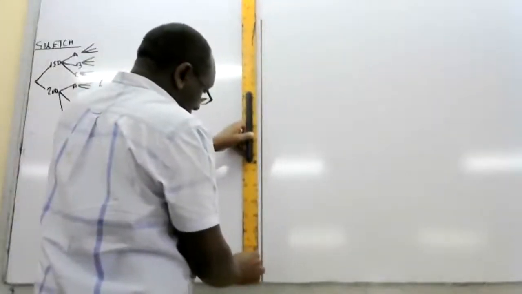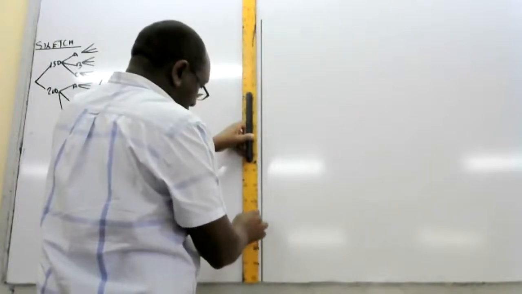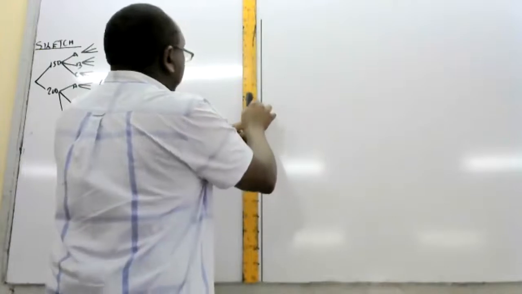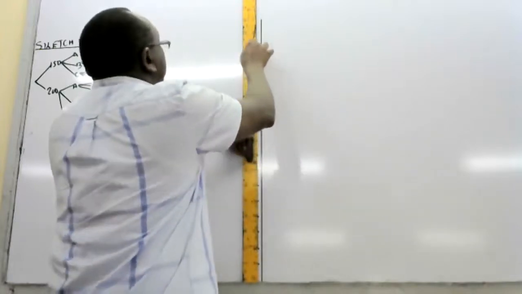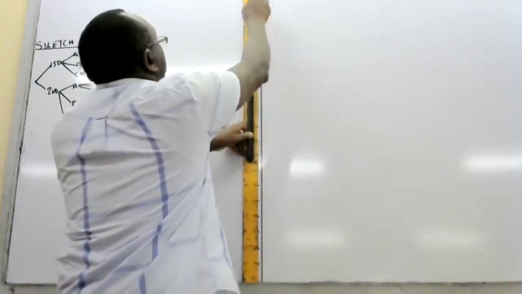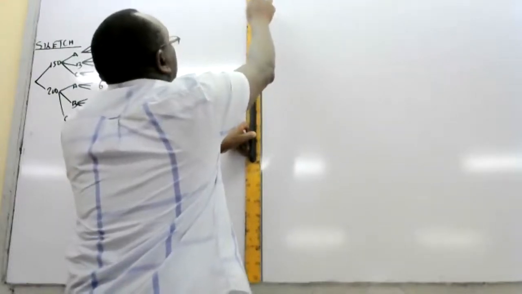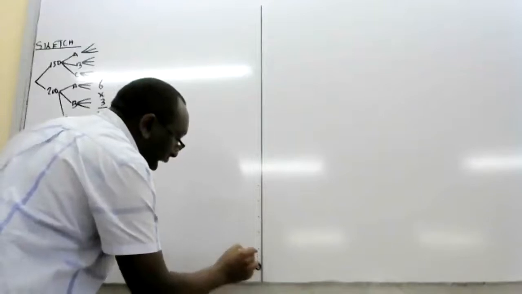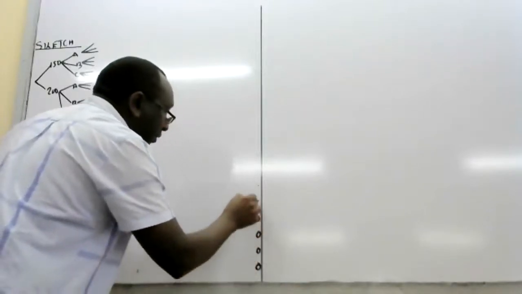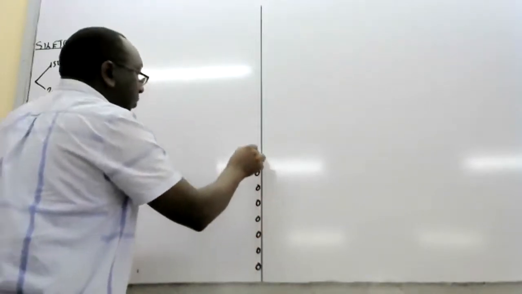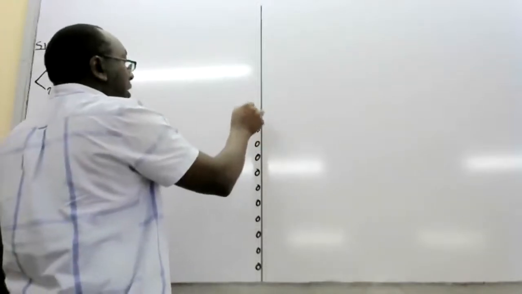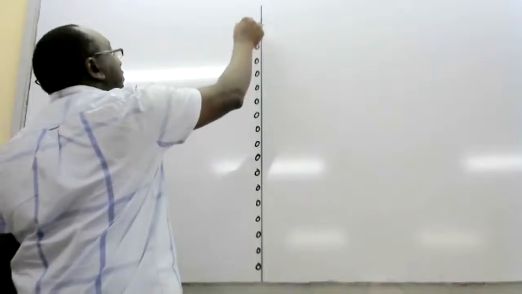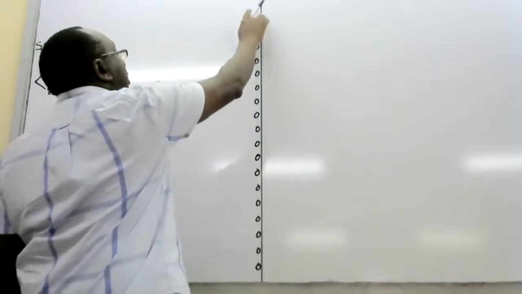So 1, 2, 3, 4, 5, 6, 7, 8, 9, 10, 11, 12, 13, 14, 15, 16, 17, 18.